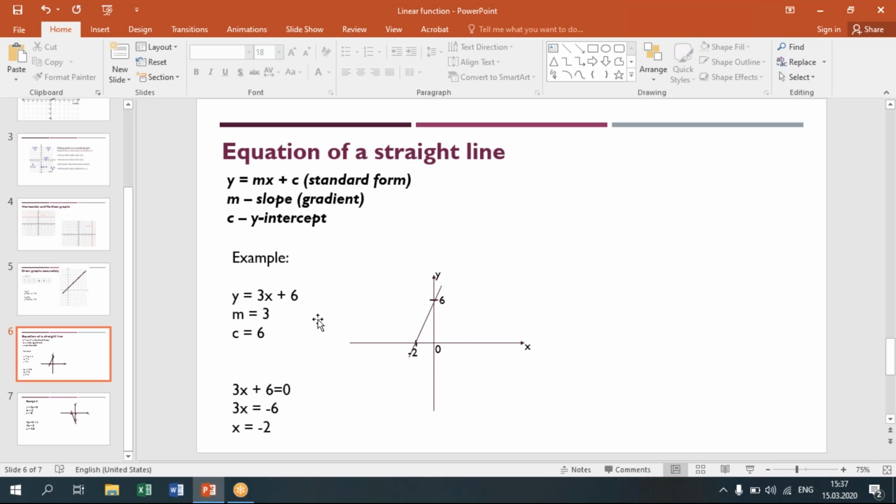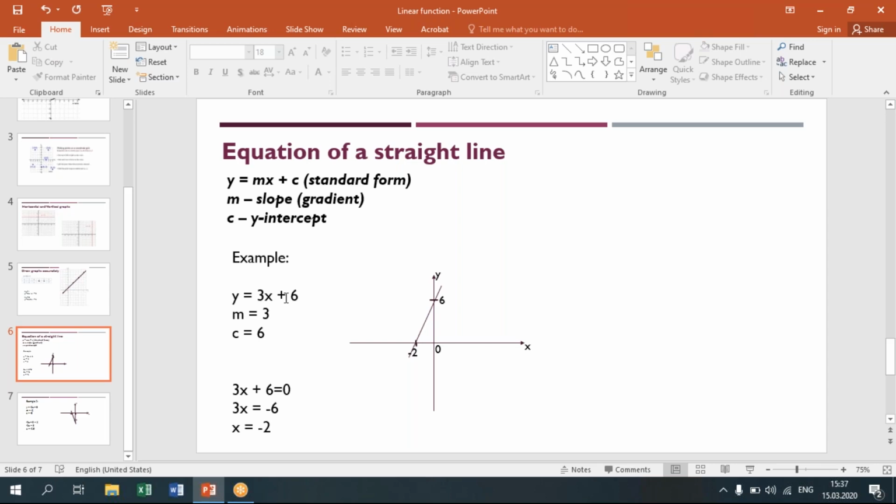But I have to find the x-intercept also if I want to draw the exact straight line. So what I have to do is write that this whole right side, the expression 3x plus 6, equal to 0. It means y should be equal to 0. So if you want to find some point on the x-axis, y should be equal to 0.